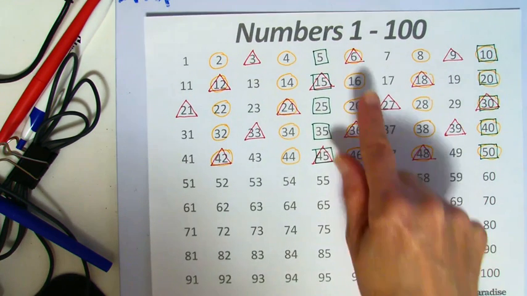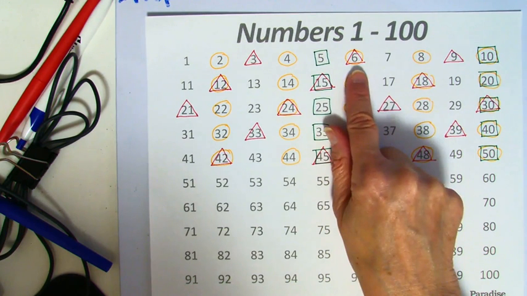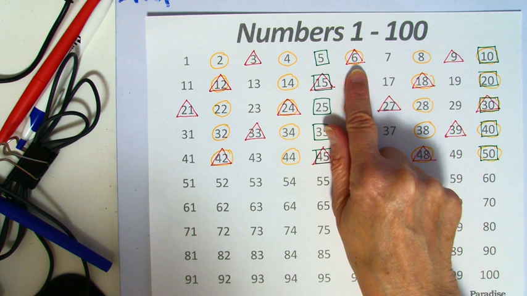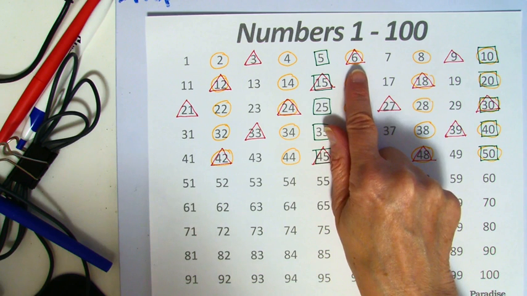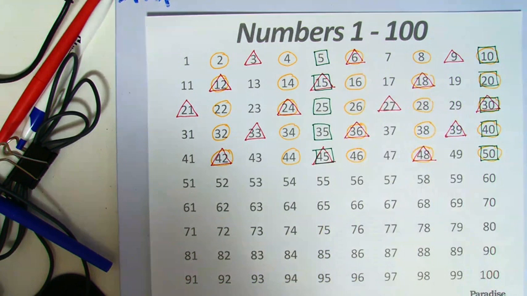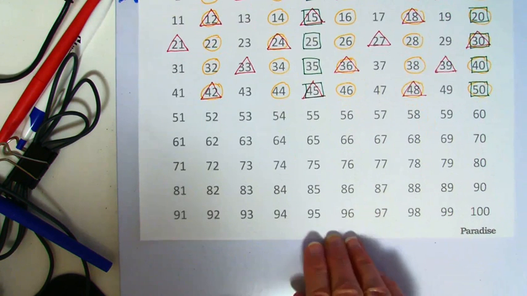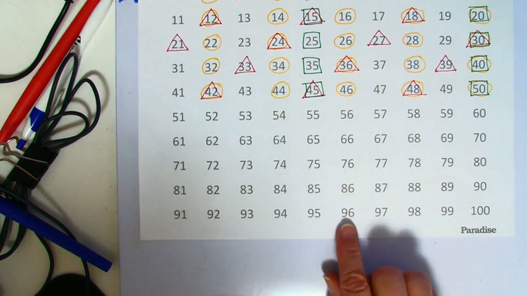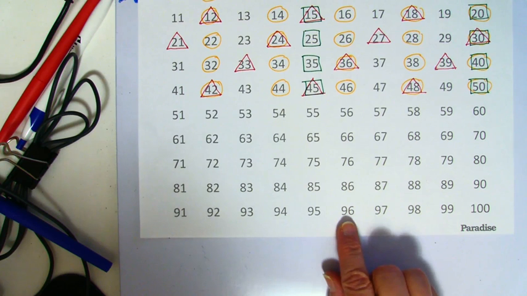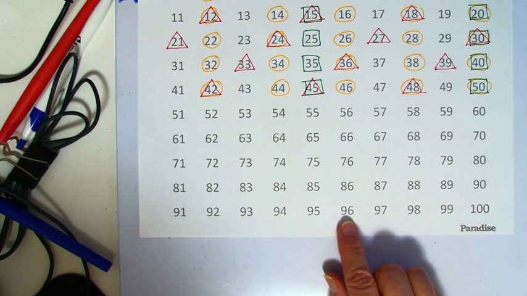Now, 6 is divisible by 2. It has the circle, it's divisible by 2, and it has the triangle, it's divisible by 3. And so that's a trick to figure out if a number is divisible by 6. So let's pick a number, let's say we pick 96. Now, 96 is divisible by 2 because it's an even number. But is it divisible by 3?